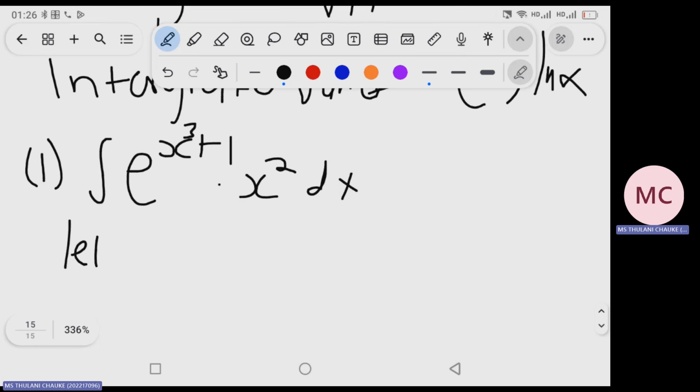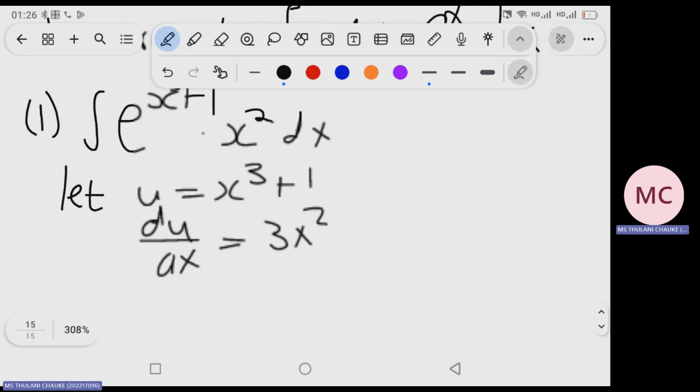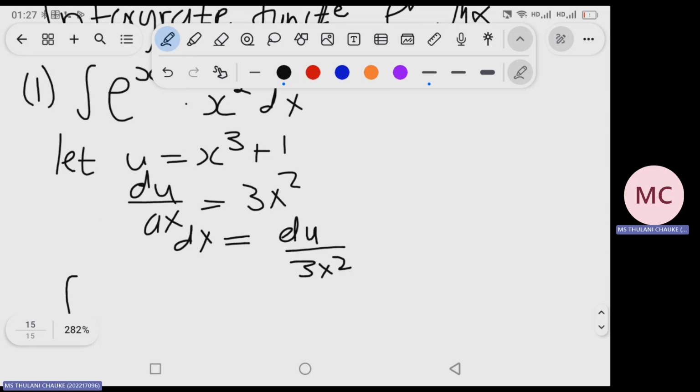So with this one, it means you will use this substitution. Let u equal to x cubed plus 1. Then du over dx will just be 3x squared. And then you can say my dx is equal to du over 3x squared. Then you go and replace that with u.